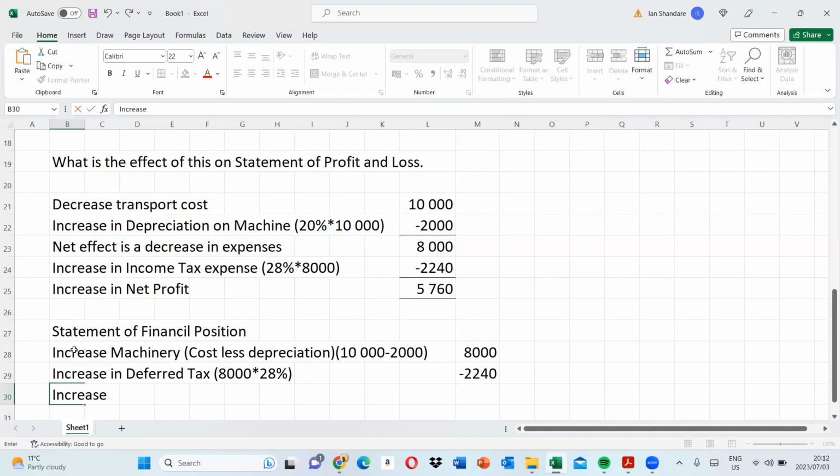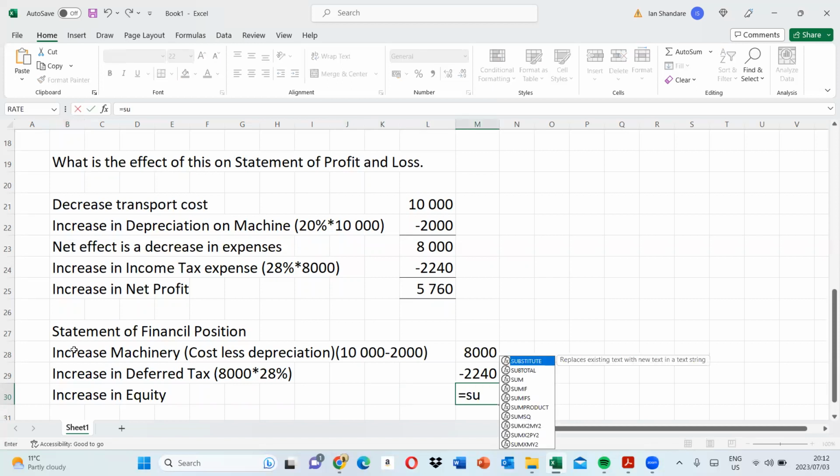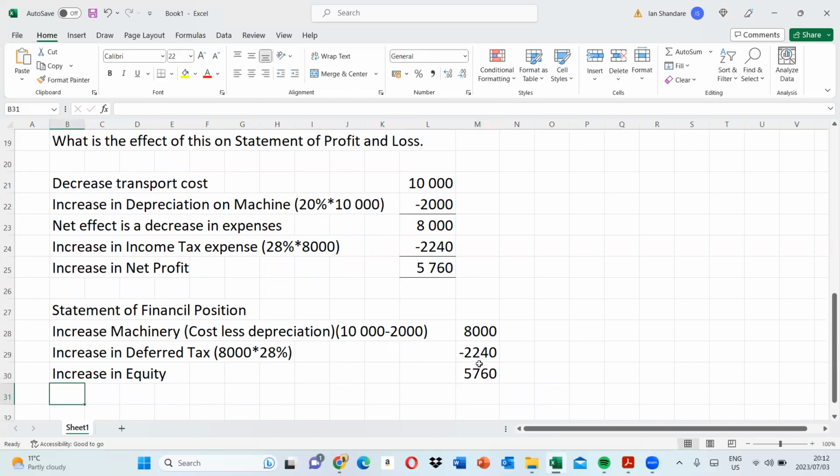An increase in equity. Remember, the increase in assets is more than the increase in liabilities. Assets minus liabilities gives you equity. So the end result is an increase in equity, which is the net of these amounts.